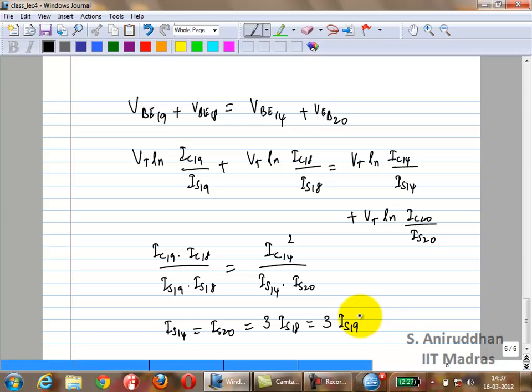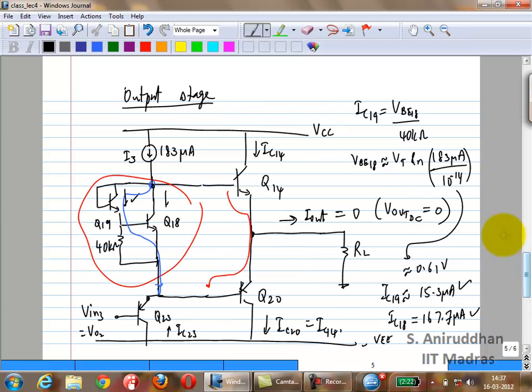Then can you calculate IC14? Is that right? Okay, so this is 152 microamps. So now you are done with the biasing.